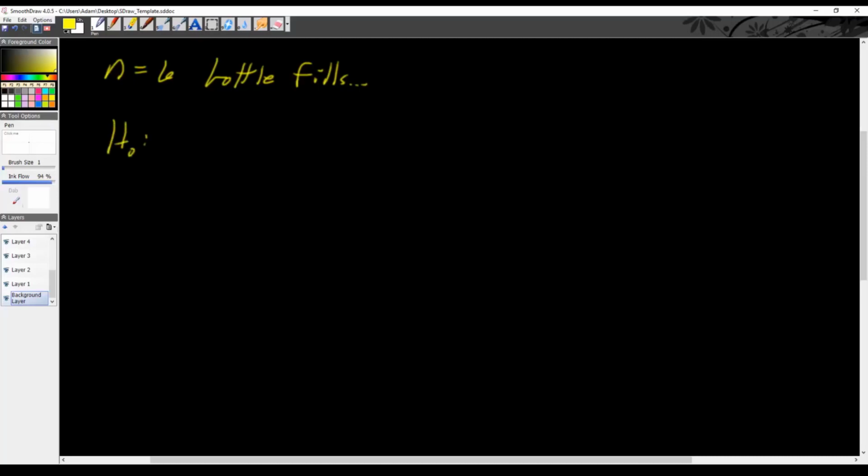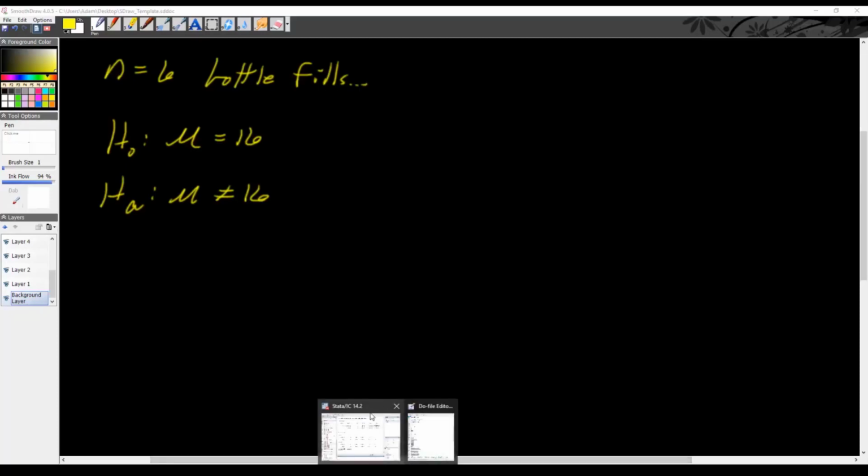And we want to state the null hypothesis that mu is equal to 16 ounces, and the alternative hypothesis is that mu does not equal 16 ounces. So why would we state this sort of hypothesis?